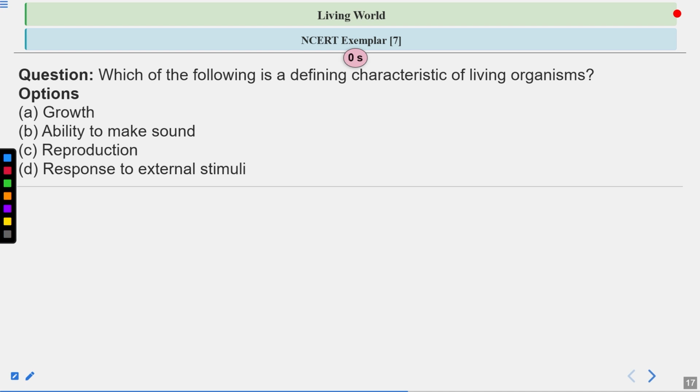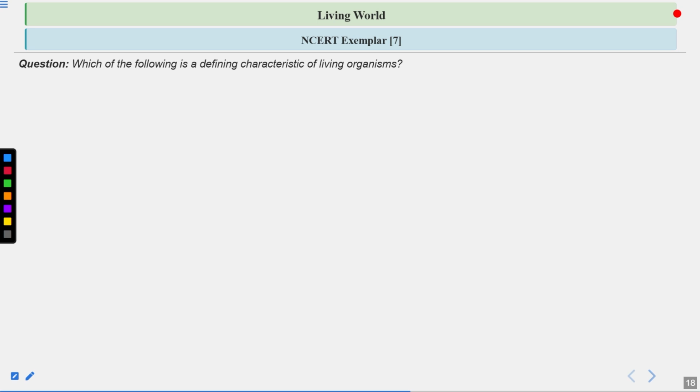Okay, let's have a look at the answer here. The correct answer is option D, response to external stimuli. Okay, and not growth and not reproduction and not ability to produce voice. Respond to external stimuli, this is the defining feature of the living organism.